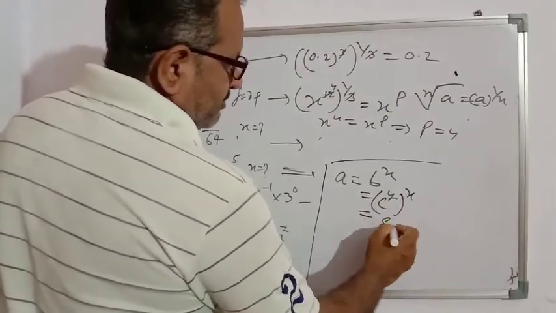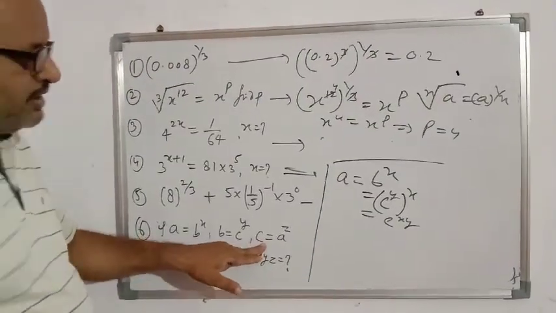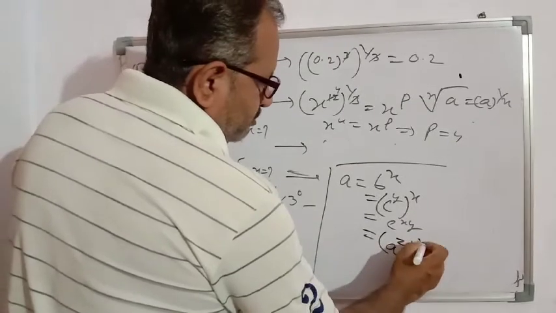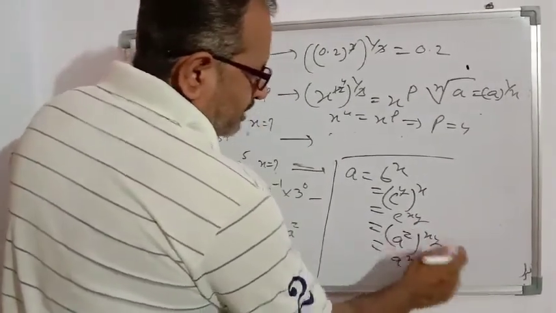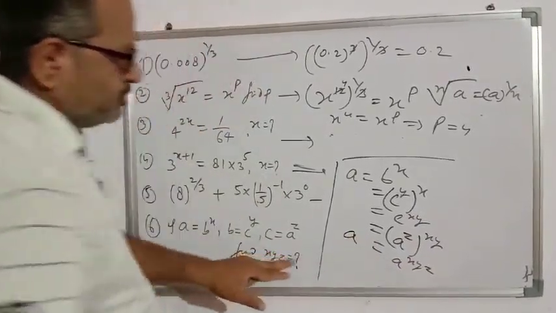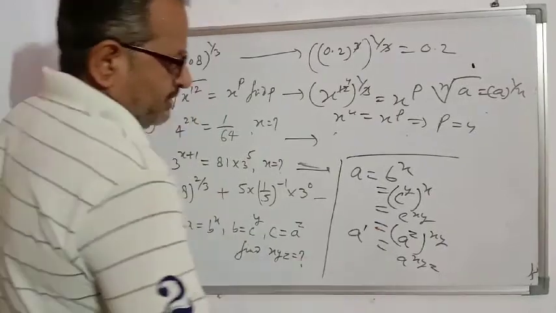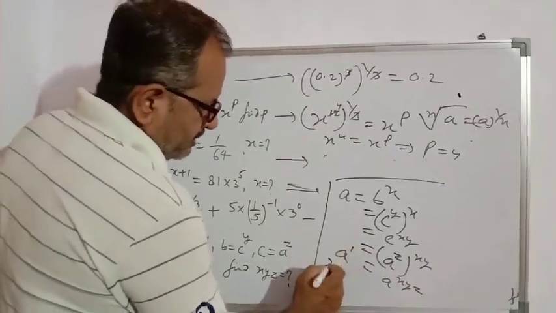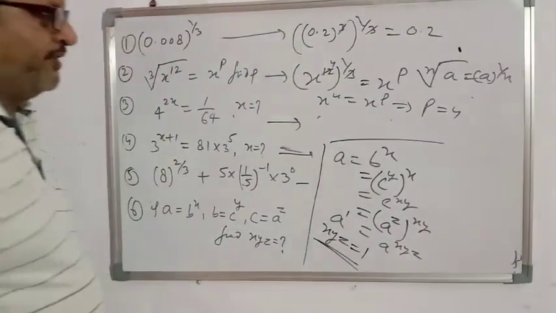Power to the power we multiply, so c to the power xy. And c is a to the power z, so write a to the power z, whole to the power xy. Multiplying the powers, a is equal to a to the power xyz. Here the power on the left is 1, and both sides have the same base a, so equate the power. The value of xyz will be 1.